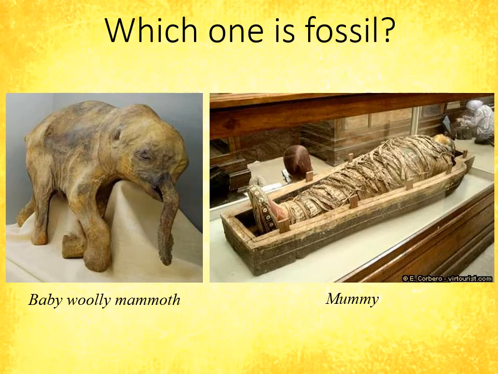Now, here I am showing you two pictures. The first one is a baby woolly mammoth, and the second one is a mummy. Now, can you say which one of these two is a fossil, whether it is a baby mammoth or a mummy? Because we all know that these things are not present during this time. A baby mammoth was present on the earth about 20,000 years ago.